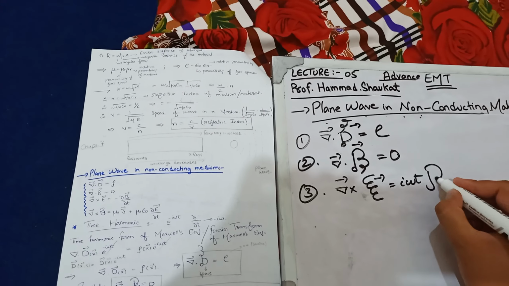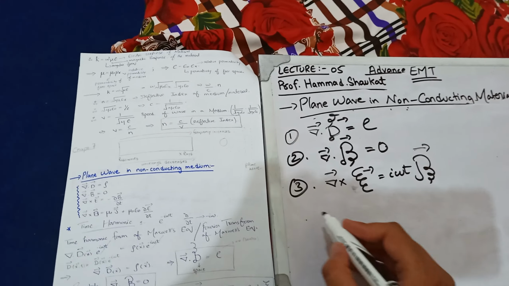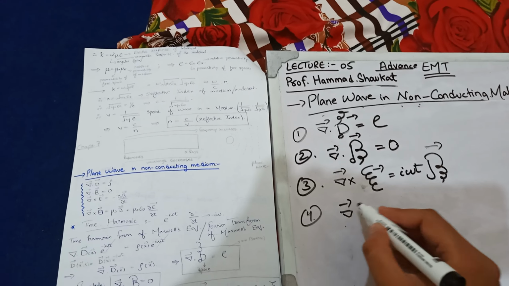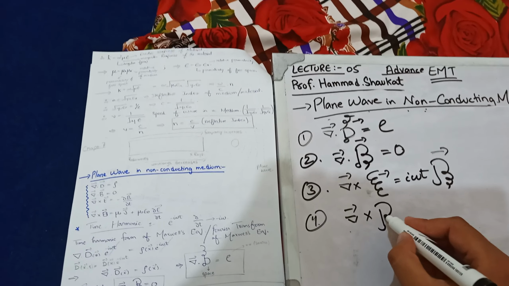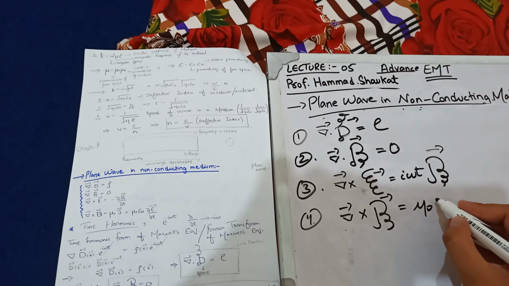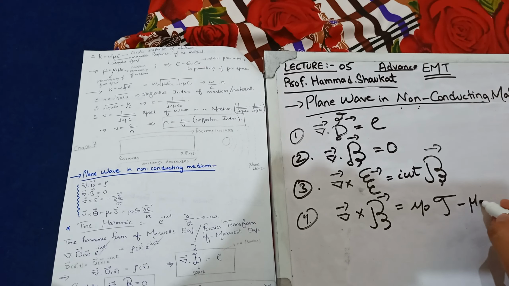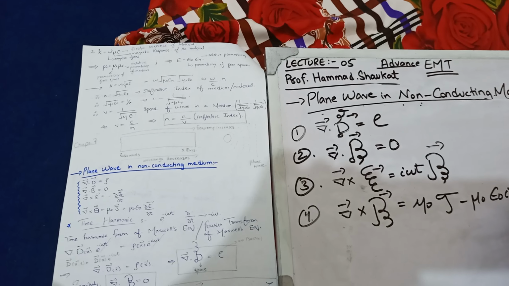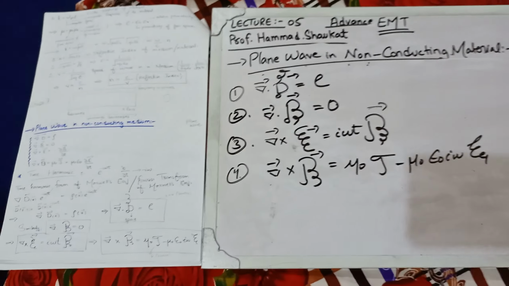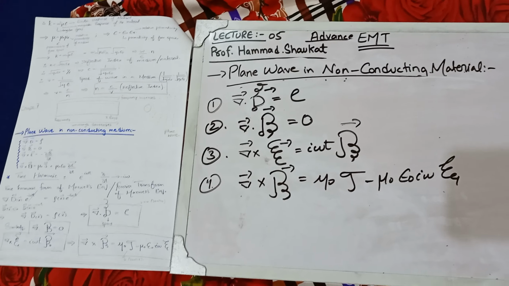And your fourth equation, the curl of the magnetic field b, equals mu naught J plus mu naught epsilon naught iota omega times the electric field.